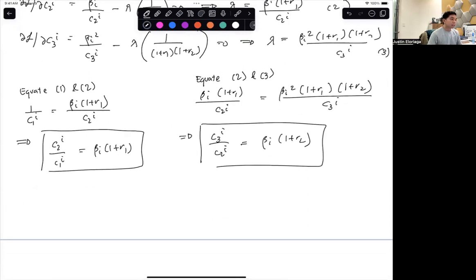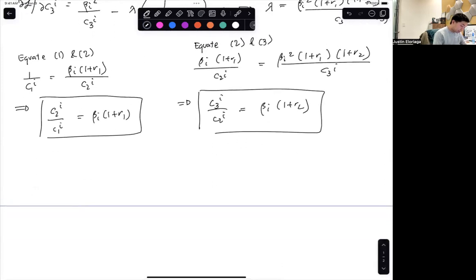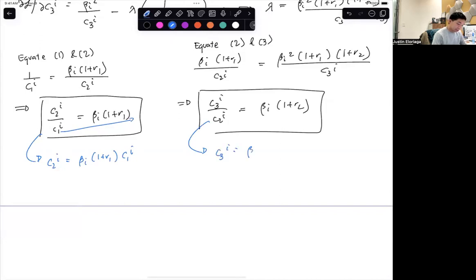I can actually do something with that. From the first one, if I multiply across, I can show that C2i is equal to beta i (1 plus R1) C1i. For the second one, I can show that C3i is equal to beta i (1 plus R2) C2i.